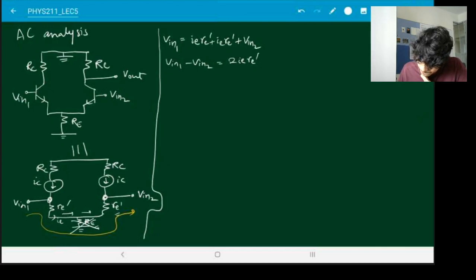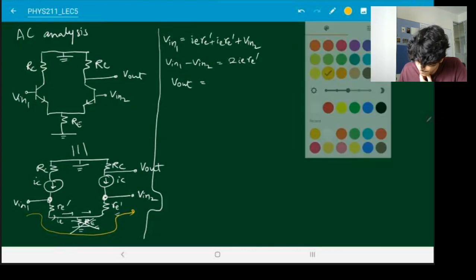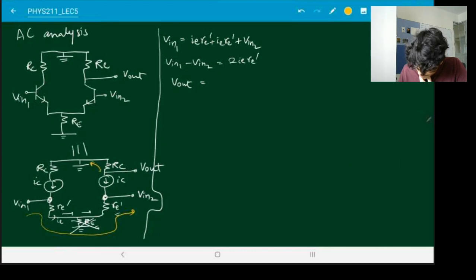And then, where am I taking my output? Output is over here. There is also a ground over here. The output is just the potential difference across RC, because there is the ground over here.